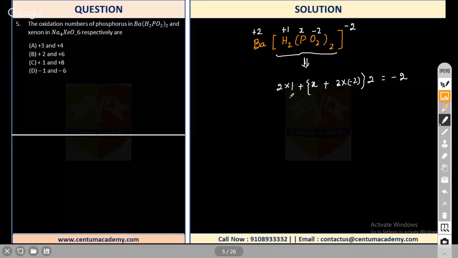Okay, so when you solve this, 2 minus 2 becomes -4. So we'll have 2 into -2 plus X is equal to -2. So X will be equal to +2.